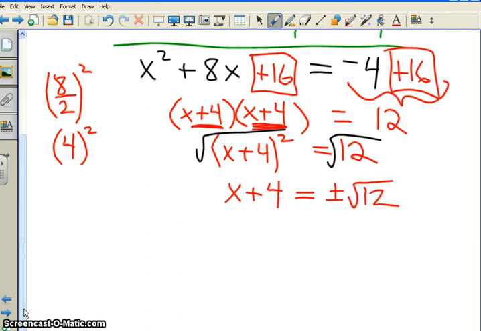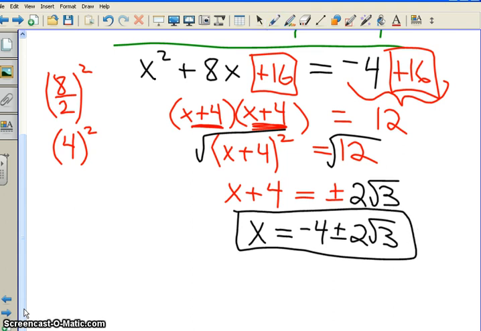Now notice radical 12 could be factored here into radical 4 and radical 3, which is really going to be 2 radical 3. So this time our roots are not imaginary, they are irrational. And the last thing I'm going to do is subtract the 4 to the other side. So x equals negative 4 plus or minus 2 radical 3.